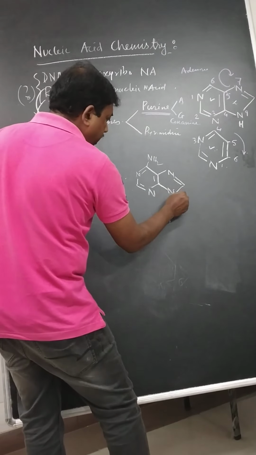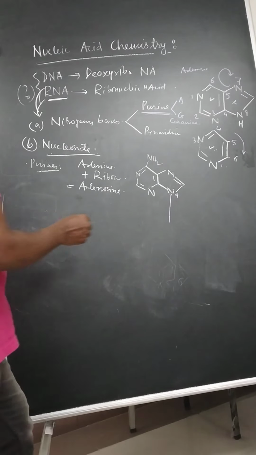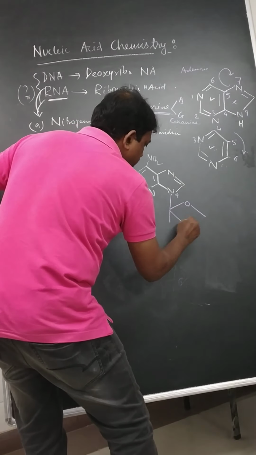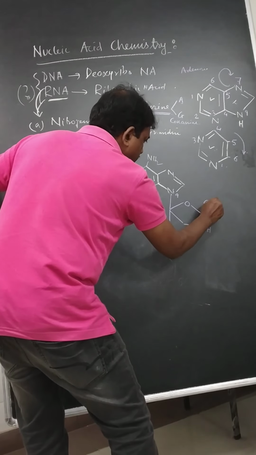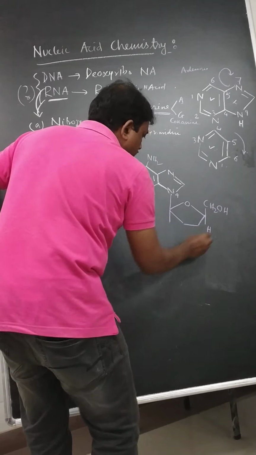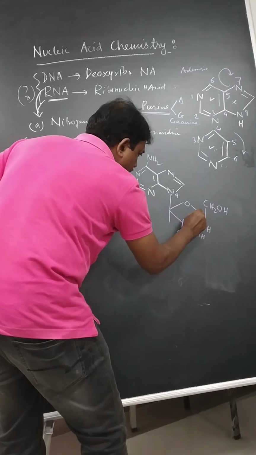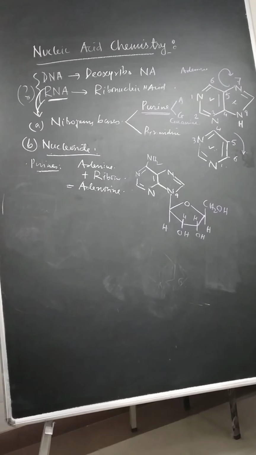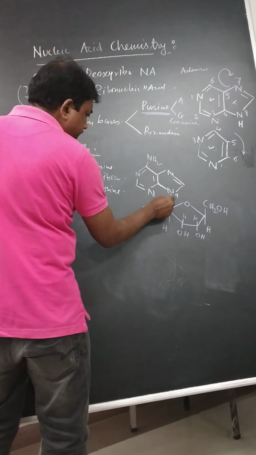This is known as N9 glycosidic linkage, or this is known as N-glycosidic linkage. Here there is a ribose sugar. This is a pentose sugar, heterocyclic ring. This is known as a glycosidic linkage.